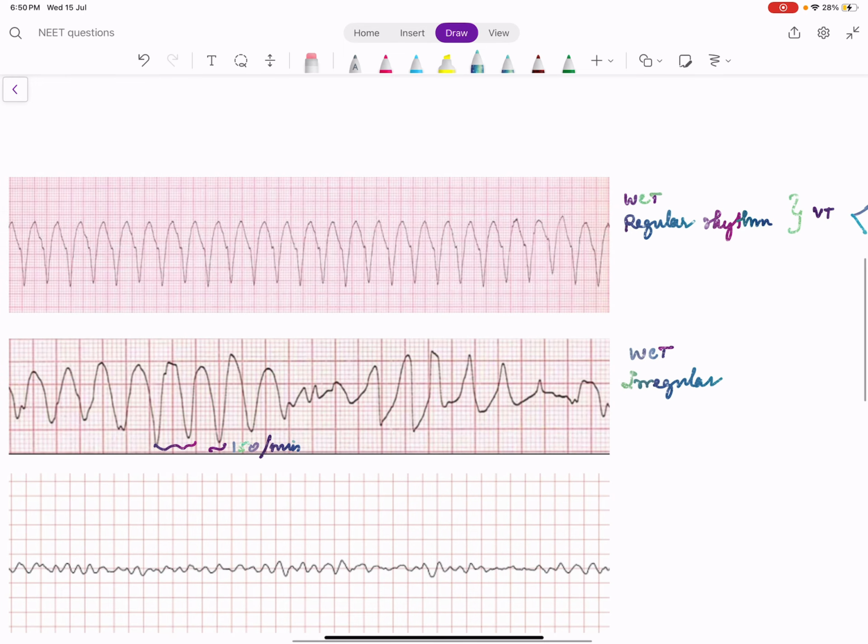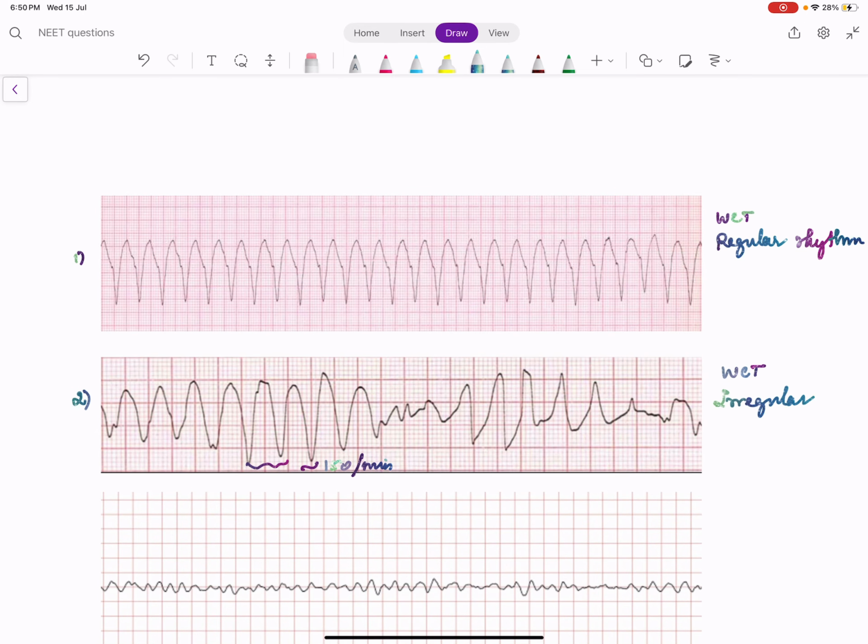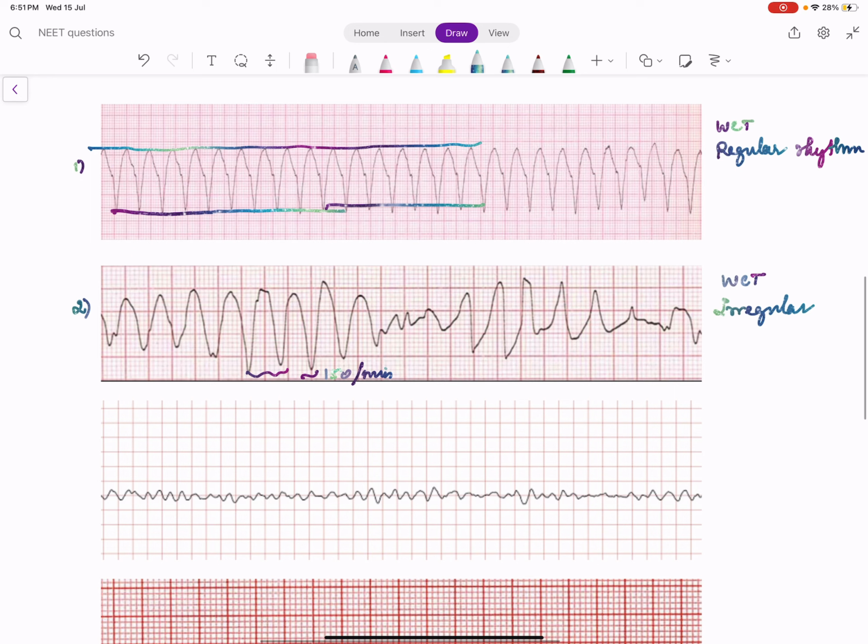One striking difference between the first ECG and the second ECG is that the morphology of every wave is similar in the first ECG, whereas here one wave is small, one is large. See, it comes like this: few are small, few are large.